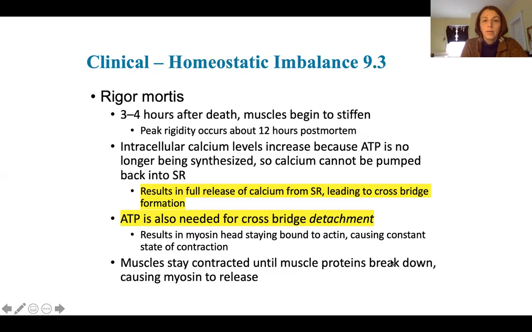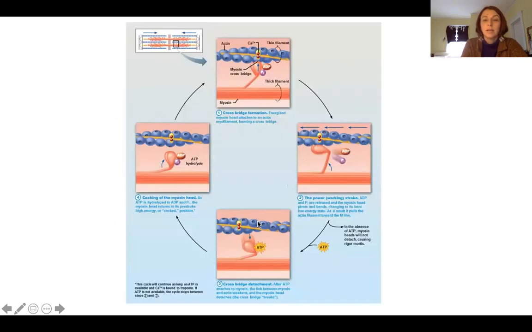Okay, so what about when we have a calcium influx? We talked about how calcium comes in, and there's this phenomenon of rigor mortis, where we get stuck in the ratcheted position. You need ATP to get the myosin head to detach from the binding site.